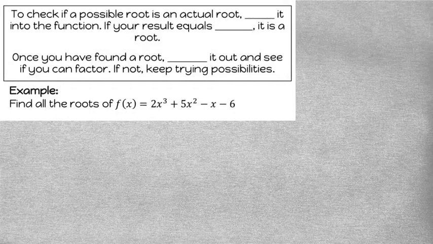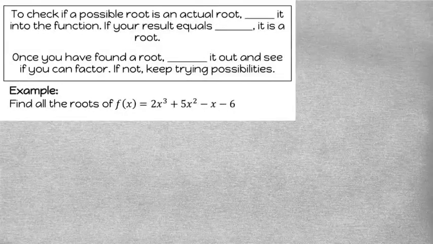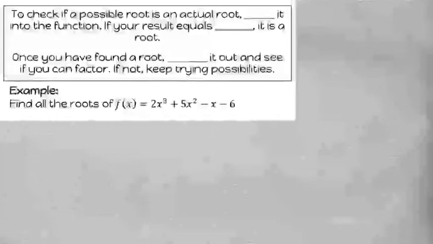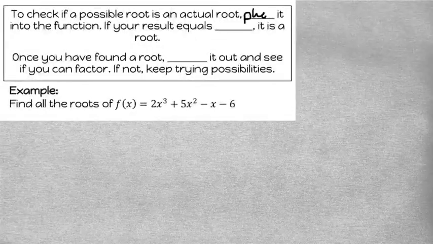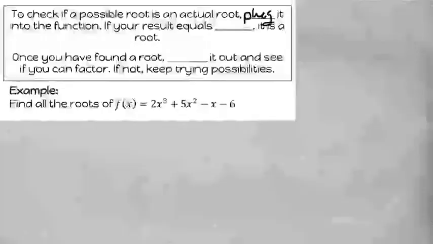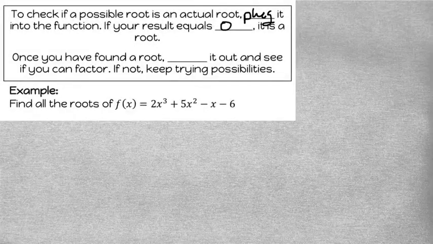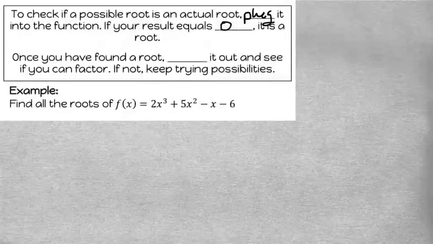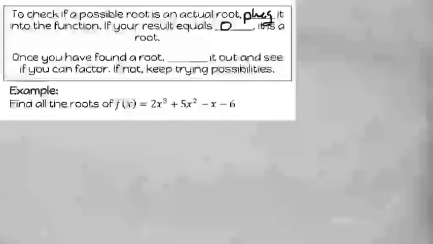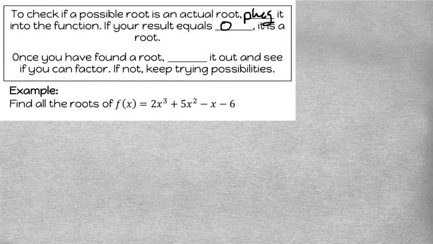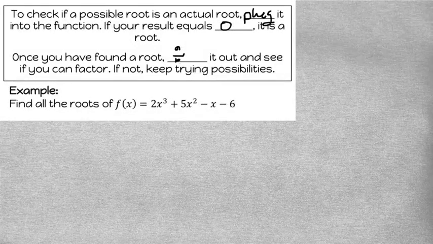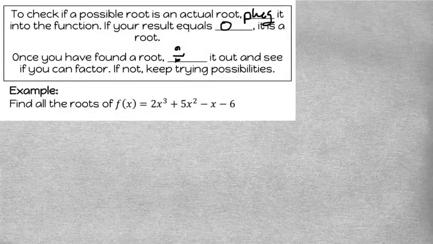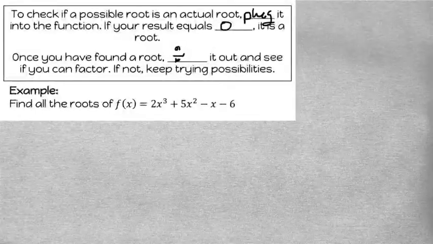To check to see if the root is an actual root, you'll need to plug it into the function. If the result is a 0, and we'll talk about that, that's going to be the factor theorem that helps us do this. And once you've found the root, you divide to see if it's a factor, which it will be, and then it narrows down your function to where you can keep going with smaller numbers.